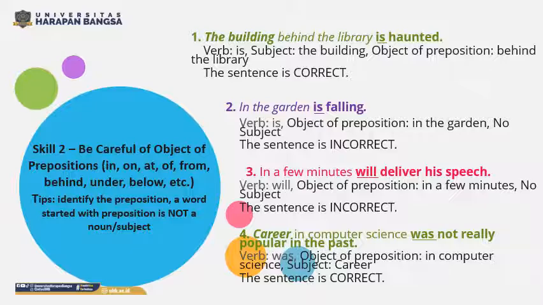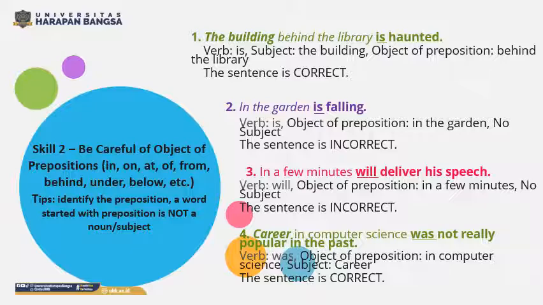It's long, but the noun here is the building, because behind the library is only object of preposition. It is started with preposition behind followed by the library. The sentence is correct because it has subject, the building, and the verb is haunted.